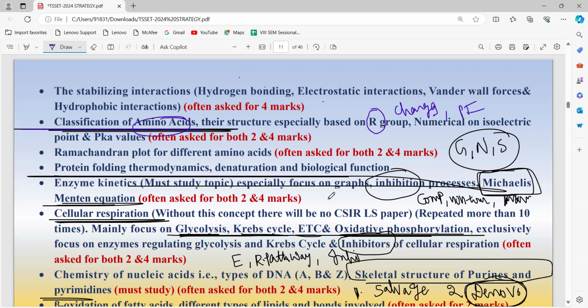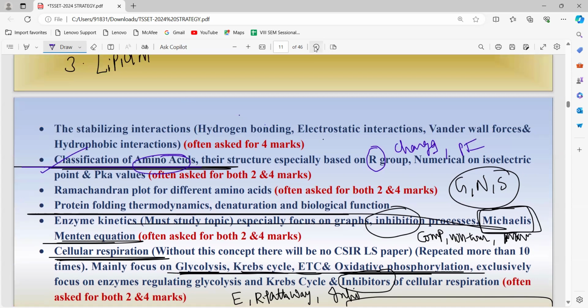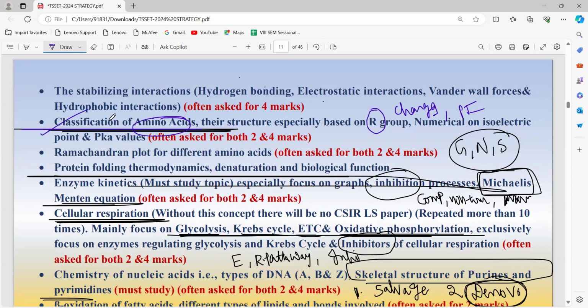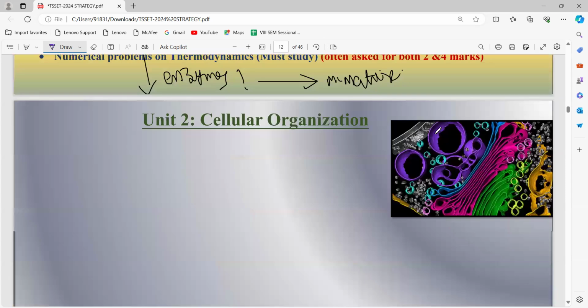In amino acids also, friends, there is a possibility that we can expect a question in the form of a numerical. That's why under any circumstances, no student should skip this particular concept or this biochemistry unit. How many questions can you expect? Minimum 7, maximum 8 questions you can expect from biochemistry.